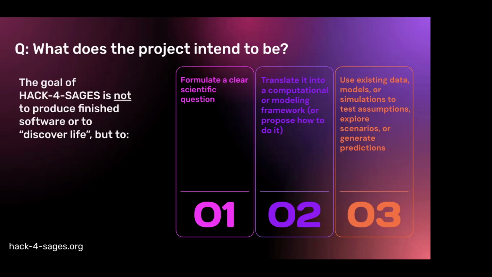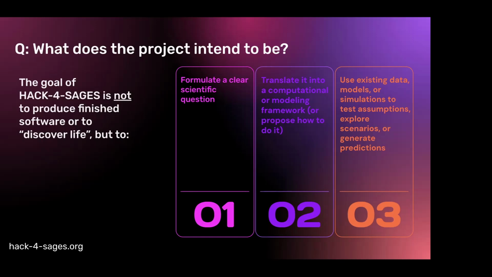So what we would like the students to do is to learn how to formulate clear scientific questions, and how to then translate these questions into different modeling frameworks, or how to propose to do it. Remember that you do not need to be a programmer or an expert in coding to participate. We also accept more theoretical projects, projects that maybe would not implement the ideas that they have, but would at least propose how they would implement them.